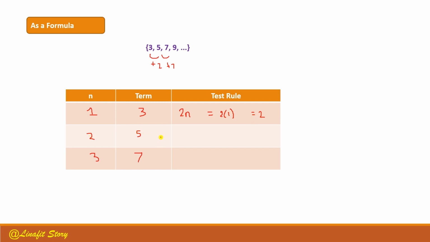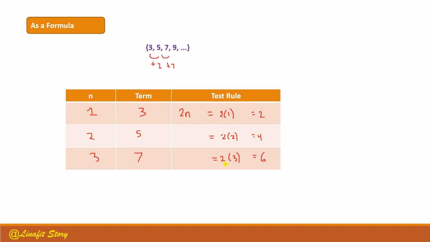If n is 2, so 2 times 2 is equal to 4. When n is 3, so 2 times 3 is equal to 6. That nearly worked. But it is too low by 1 every time.